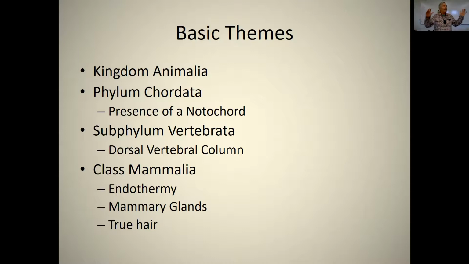And this is something we'll get to at the end of next semester when we get into development. At one time, you were this flat disc of 3 germ layers called ectoderm, endoderm, and middle mesoderm. And sometime, part of the mesoderm formed this cylindrical structure called a notochord.